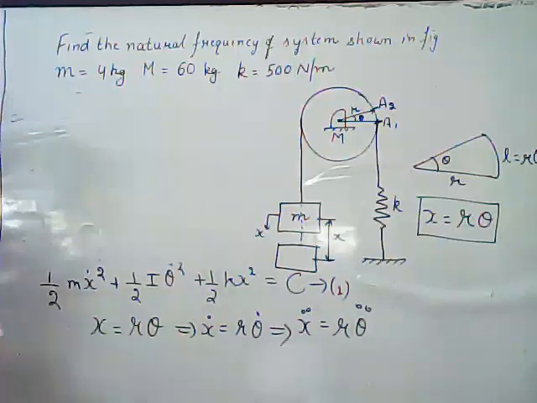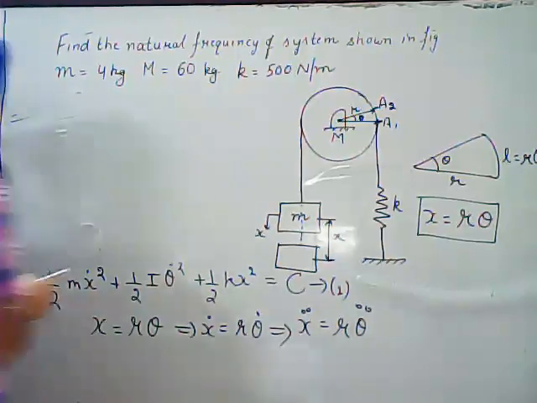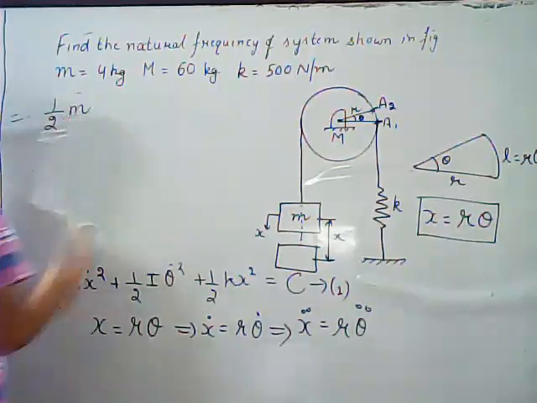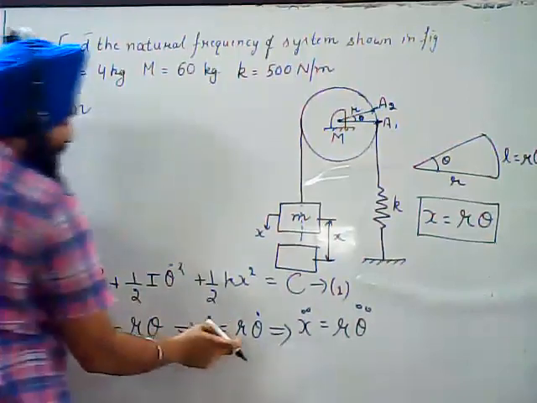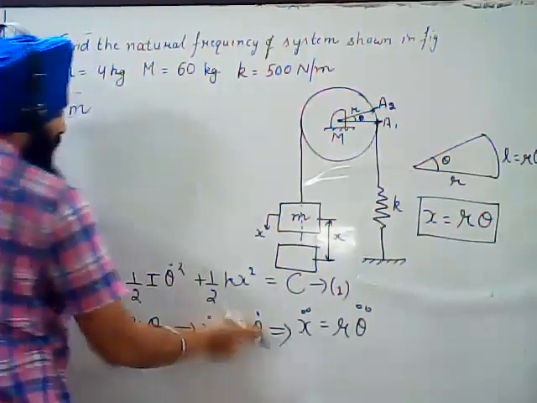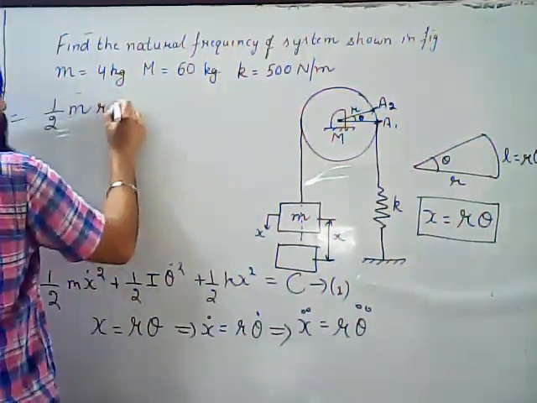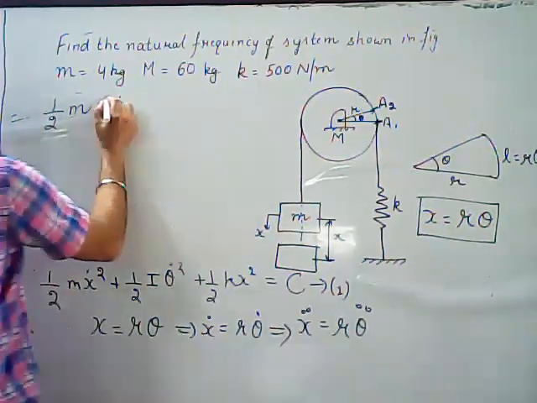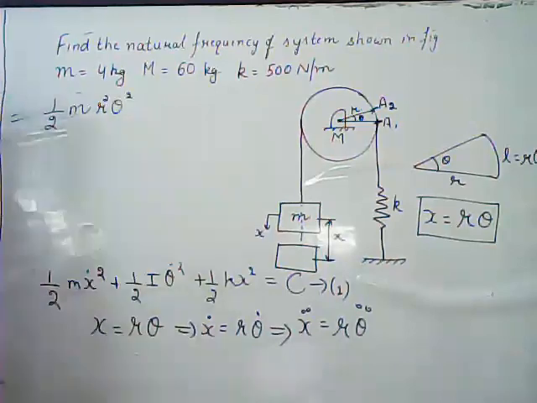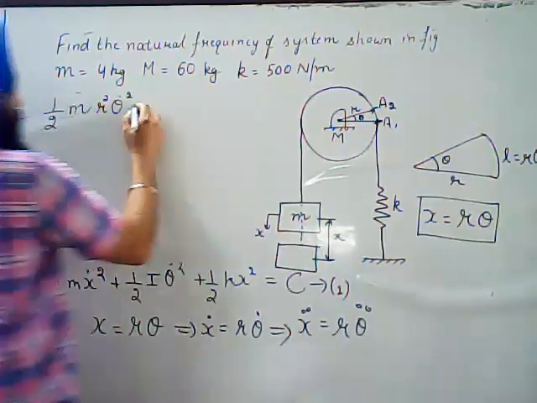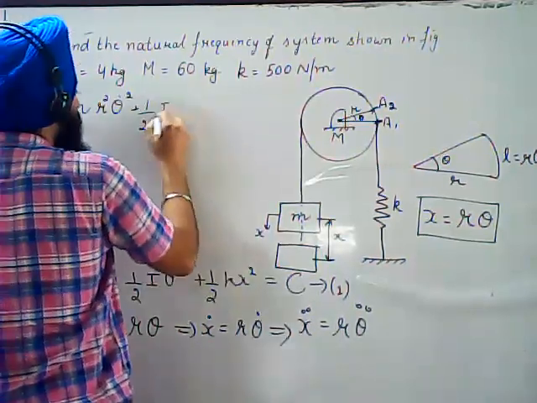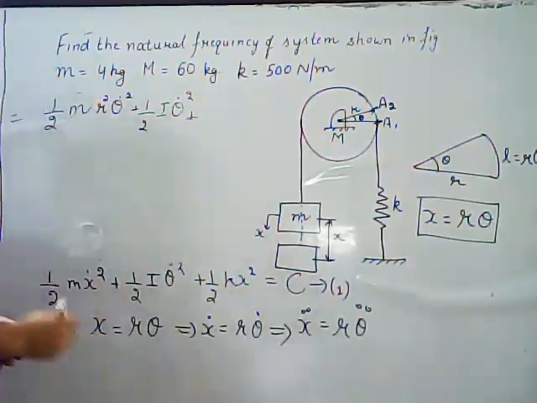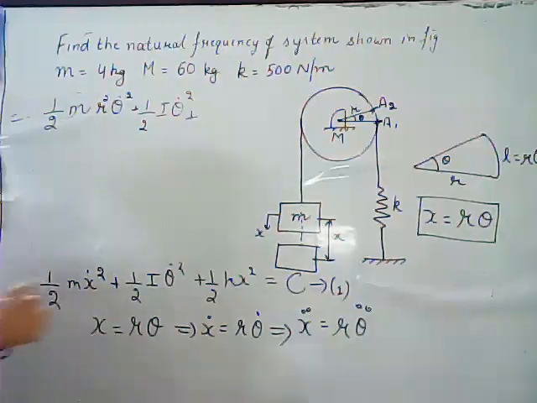This will become 1/2 into mass into x dash square. The value of x dash is r into theta dash, squared, so it will be r square into theta dash square, plus 1/2 into I into theta dash square, plus 1/2 into k into x square.